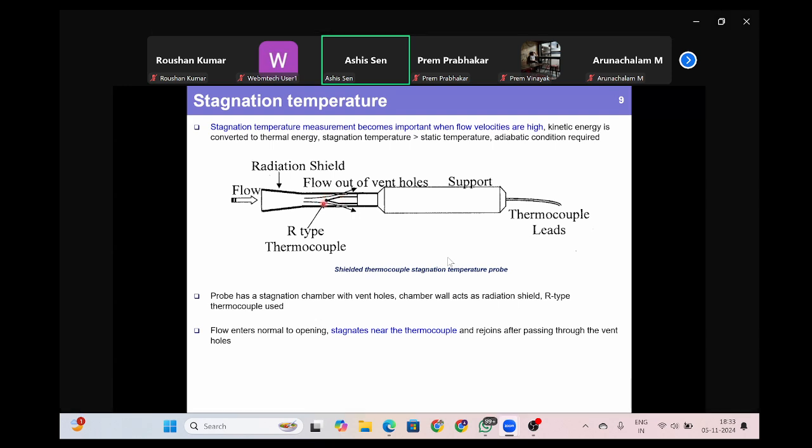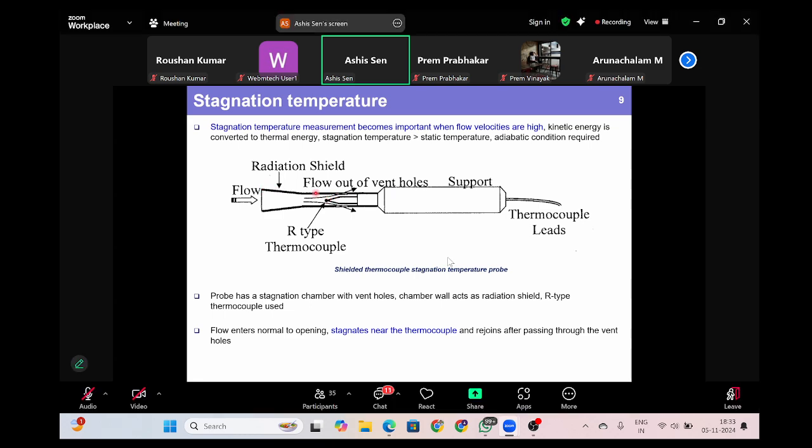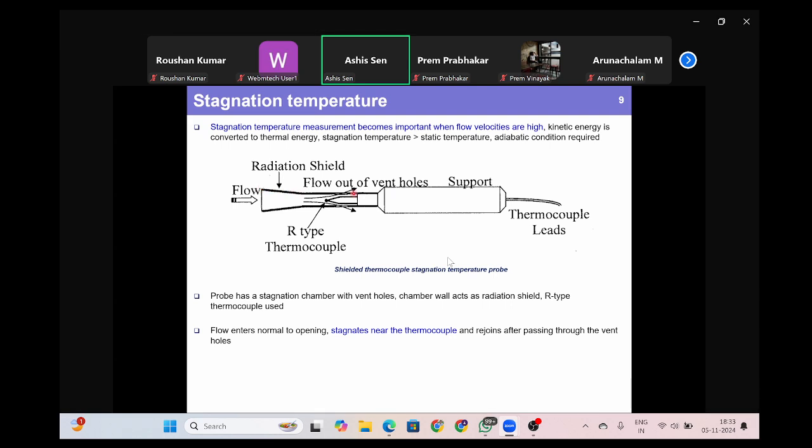So you use typically R-type thermocouple in stagnation temperature measurement. So you have a flow, and then you want to measure stagnation temperature. So this probe has got a radiation shield.